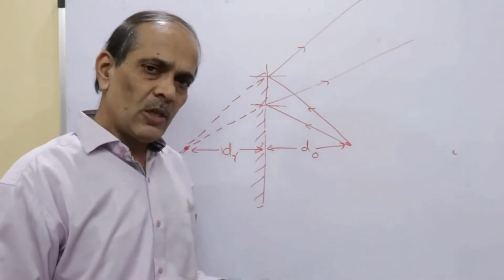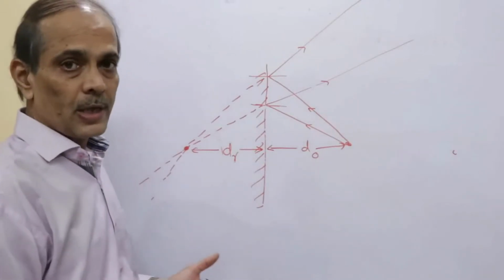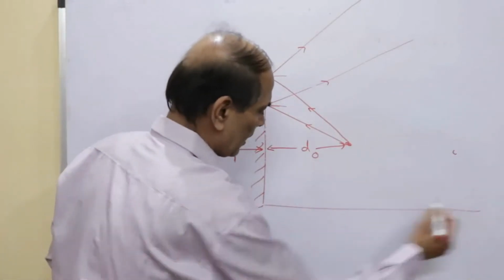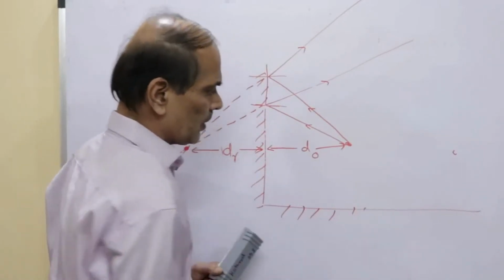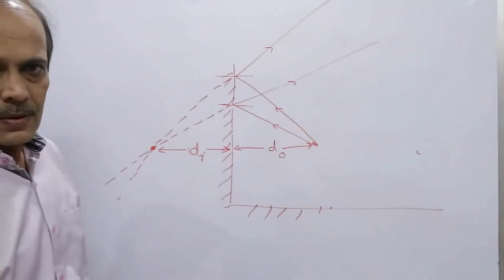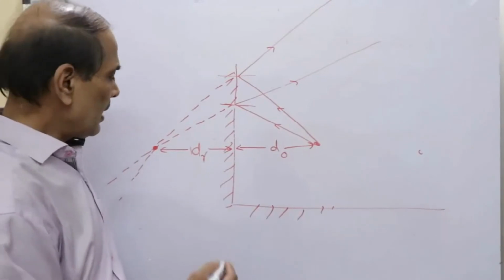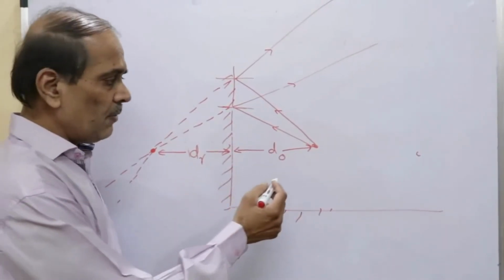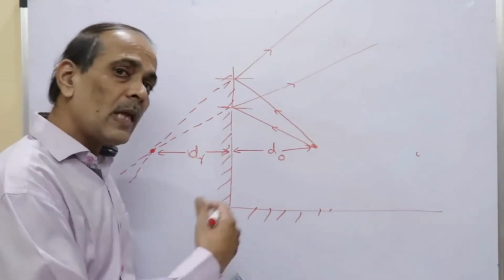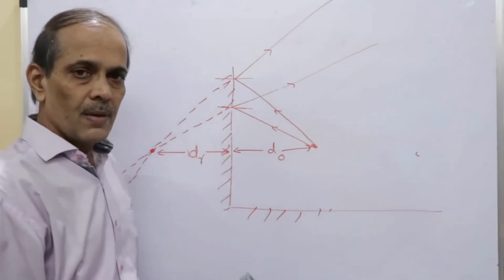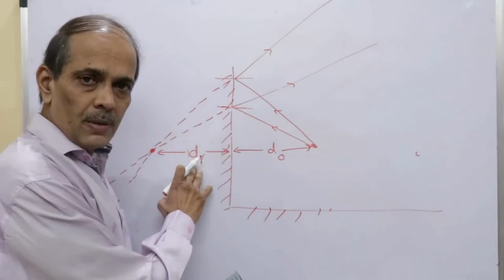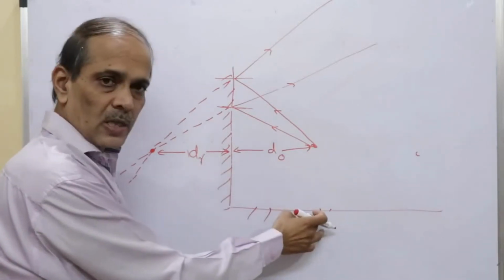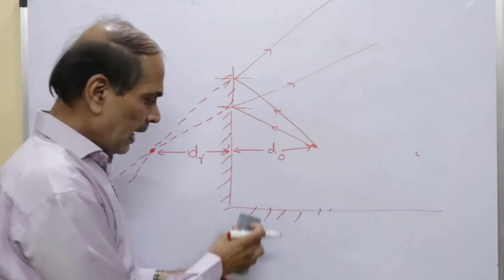Now if instead of one mirror, I use two mirrors, something very interesting would happen. See, if I take one more mirror this way, and this is the object, what happens is this will form more than one image, because the image formed inside one mirror is formed inside this mirror as well, if the angle is less.